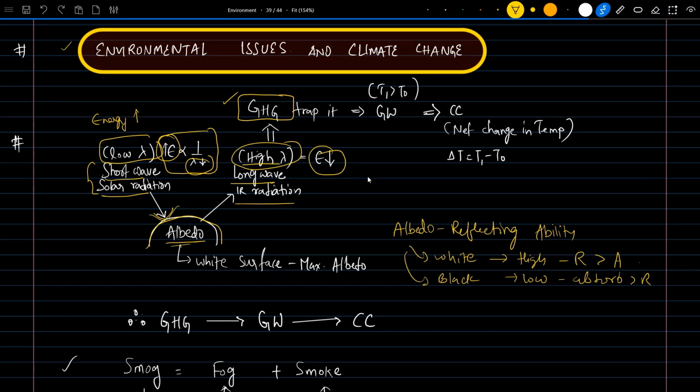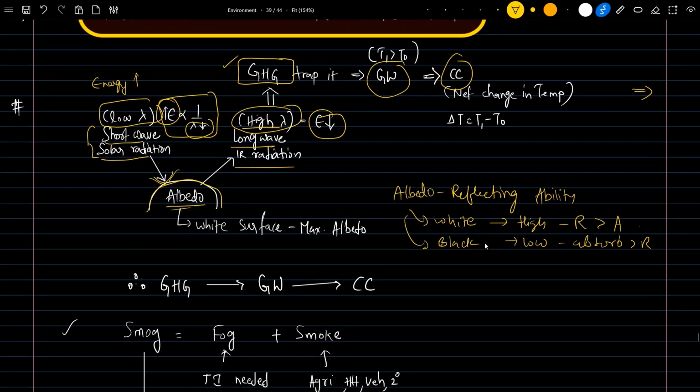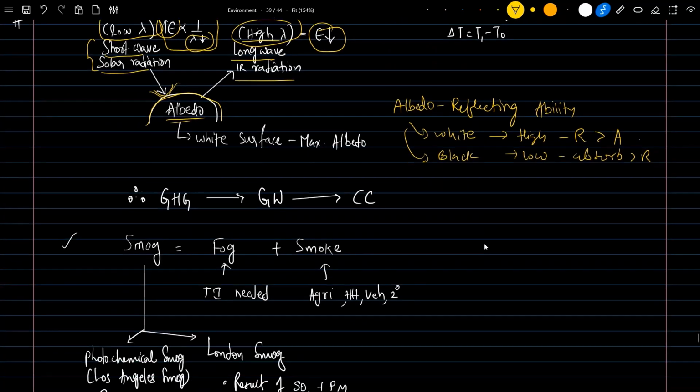Whenever these greenhouse gases trap the heat, it leads to global warming, as the temperature keeps on increasing. This global warming over a long span of time leads to climate change. This is the simple phenomenon which we need to understand as of now.